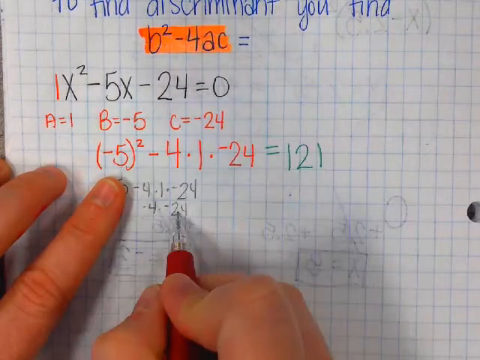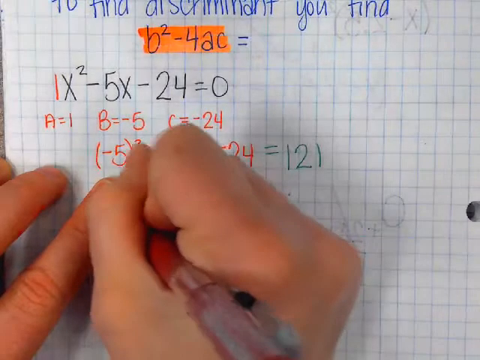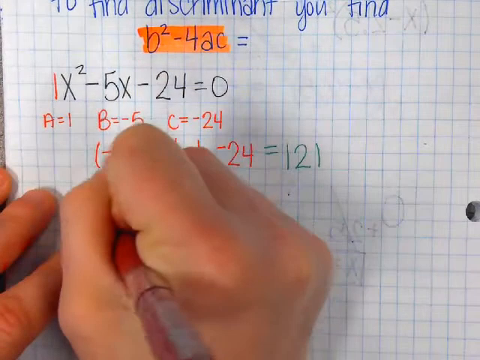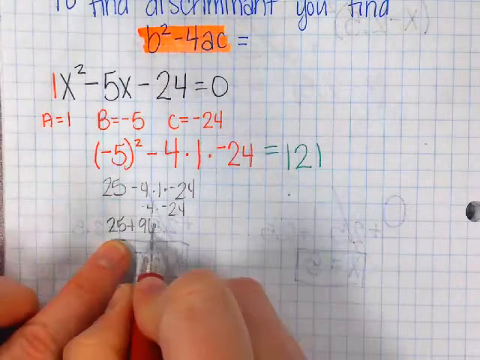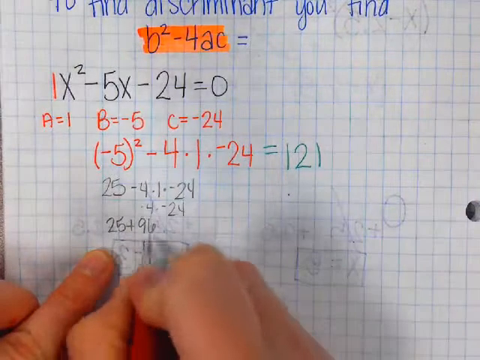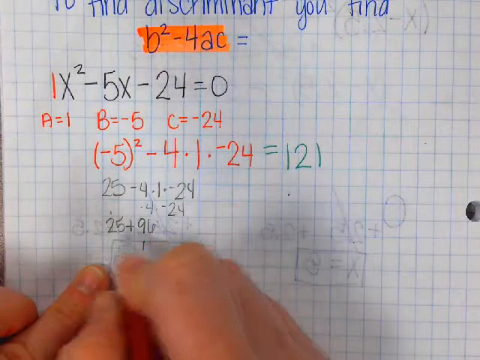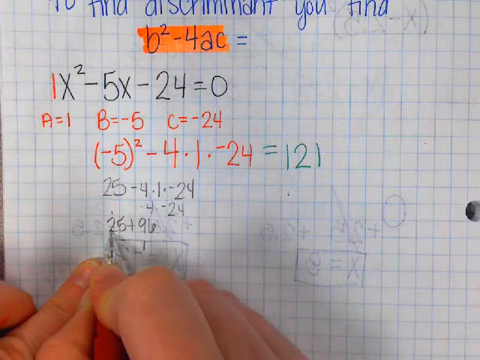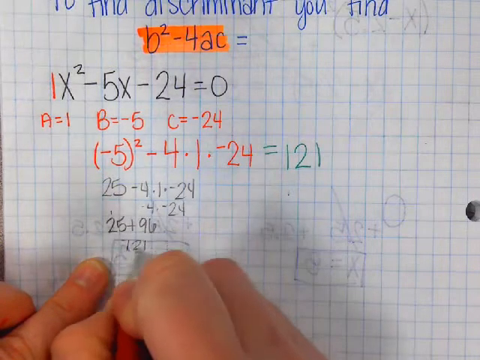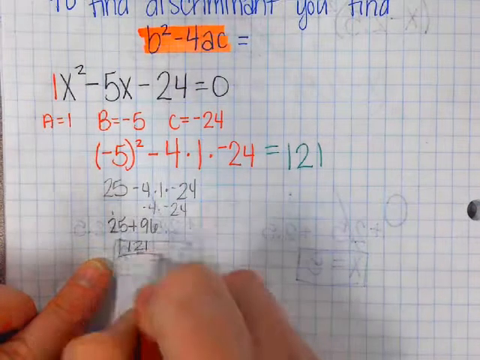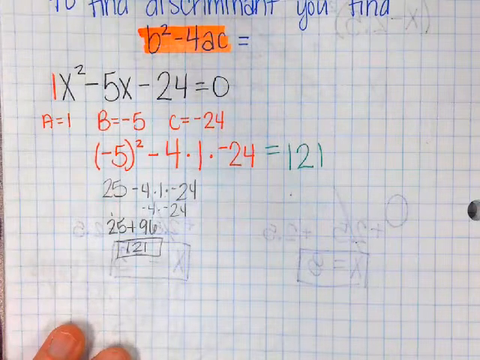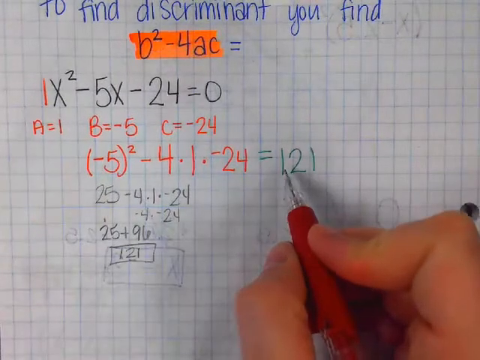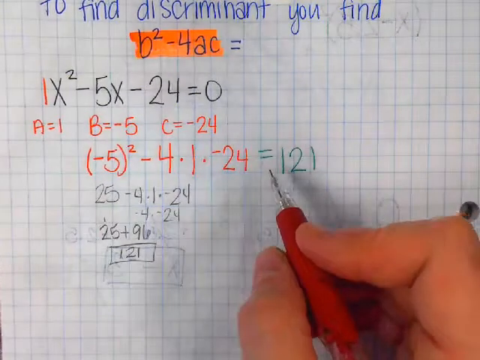A negative times a negative is a positive, so it'd be plus 96. So 25 plus 96, 6 plus 5 is 11, carry the 1, 9 plus 2 is 11, plus 1 is 12, so 121 would be your discriminant. This is the answer to your discriminant.